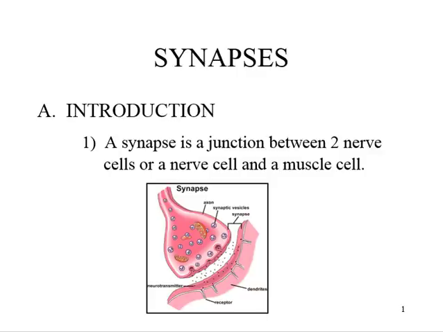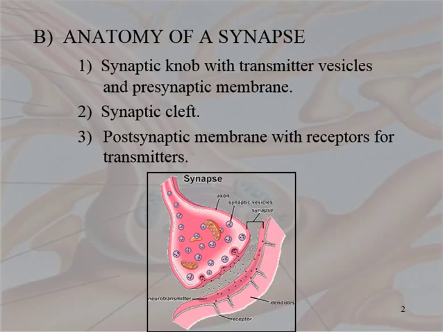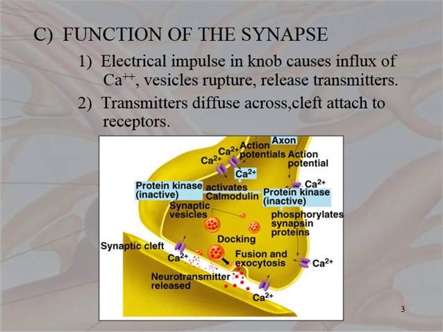If we look at how a synapse functions, how this works, we find that an electrical impulse comes down the presynaptic neuron, but the impulse can't cross to the next neuron because of that cleft. The space means it can't cross.